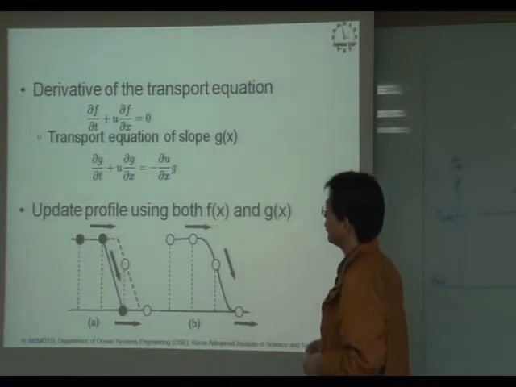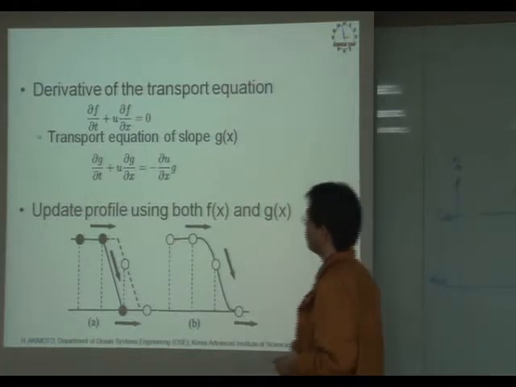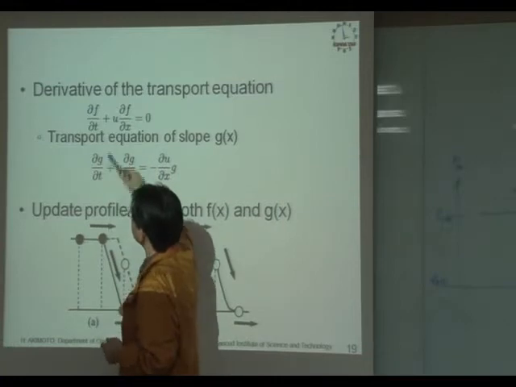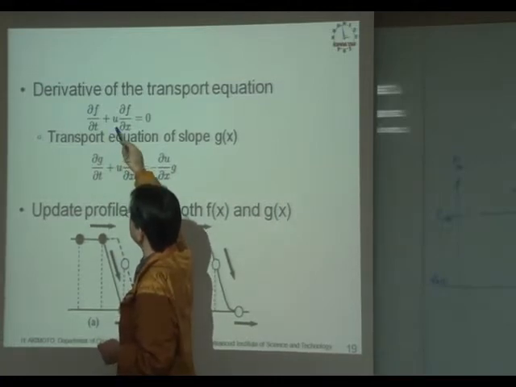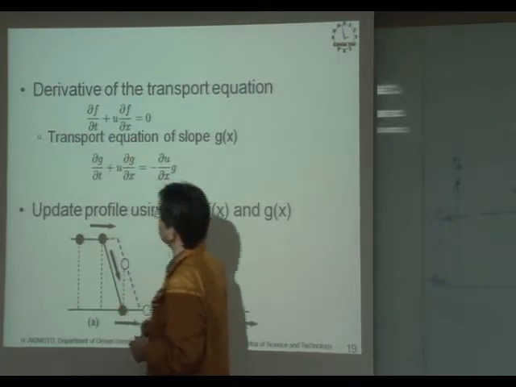This is one more explanation of the CIP method. This is the original shape of convection. This is the basic formation of the convection equation.